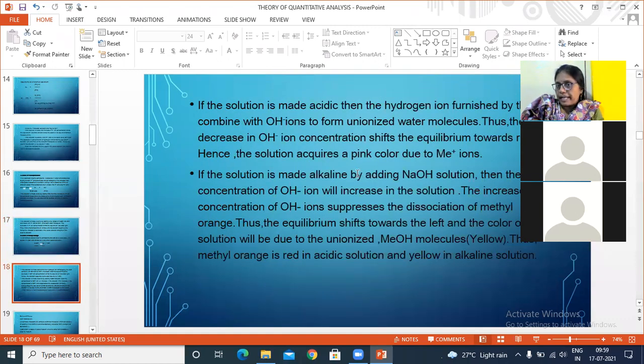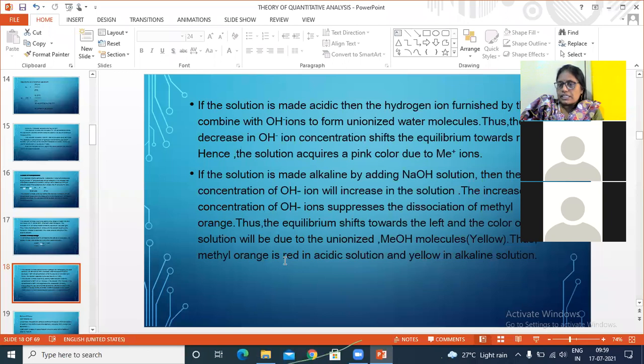If the solution is made alkaline by adding sodium hydroxide solution, then the concentration of OH minus ions will increase in the solution. The increase in concentration of OH minus ions suppresses the dissociation of methyl orange. Thus, the equilibrium shifts towards the left, and the color of the solution will be due to the unionized MeOH molecule, which is yellow in color.